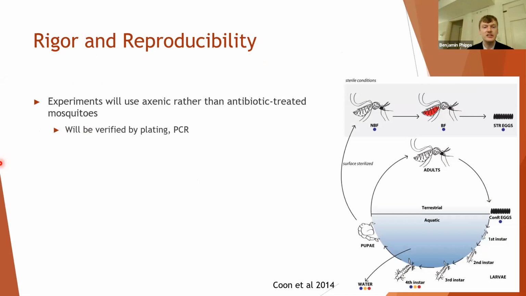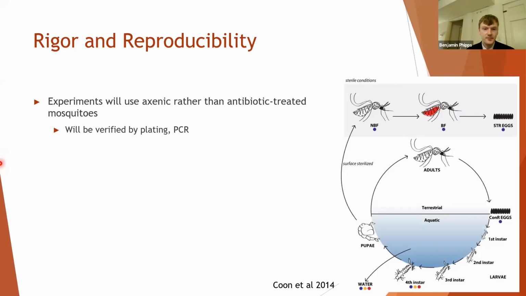Previous experiments have used antibiotic-treated mosquitoes and done these infection experiments, but this poses a concern for reproducibility because of the ubiquity of antibiotic-resistant bacteria as well as eukaryotes that aren't affected.